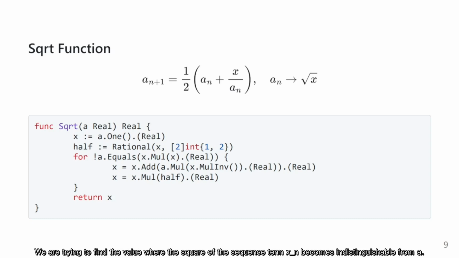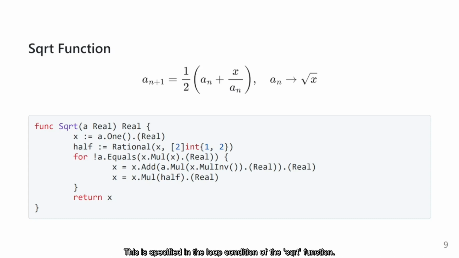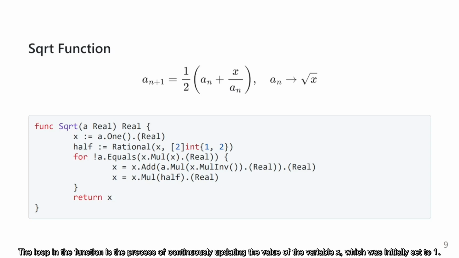We are trying to find the value where the square of the sequence term xn becomes indistinguishable from a. This is specified in the loop condition of the sqrt function. The recurrence relation requires a rational number 1 over 2, so we define it as half. The loop in the function is the process of continuously updating the value of the variable x, which was initially set to 1.